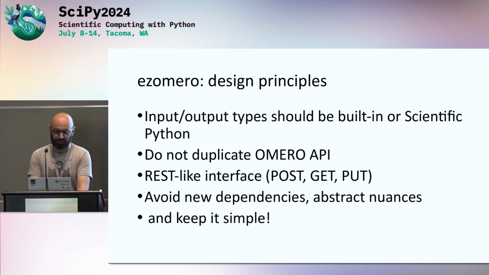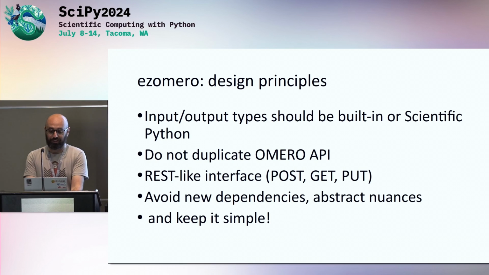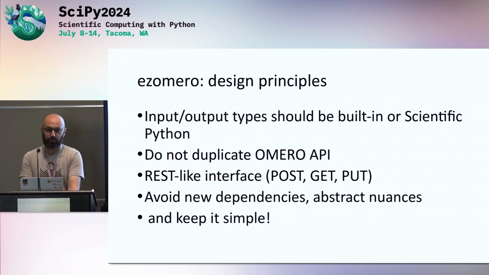There are a few design principles that we had in mind when we were developing this. One is to make it more Python friendly. With the original Python API, if you ask the Omero server for an image, it returns an Omero image type, right? We wanted something where if you do a get image, it returns a NumPy array, because that's probably what you want.